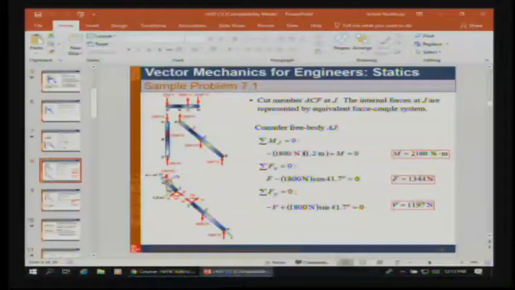And we do that because F then, which is in this new X or X prime direction, is going to be our normal force, and V, which is in the Y prime direction, is going to be our shearing force.